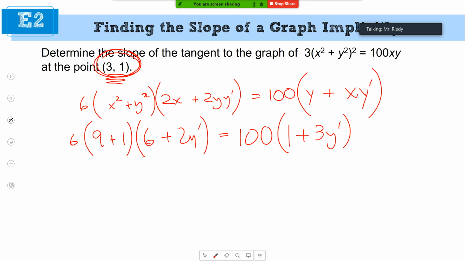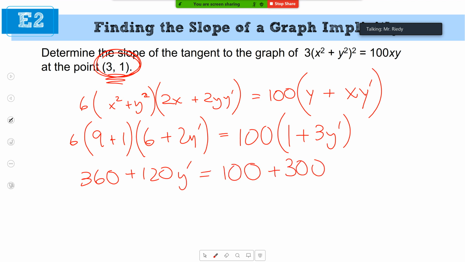Okay, so that's 360 plus 120y prime is equal to 100 plus 300y prime.